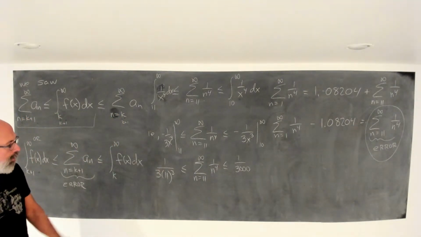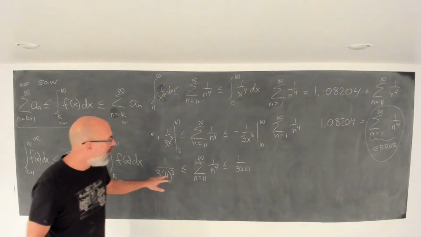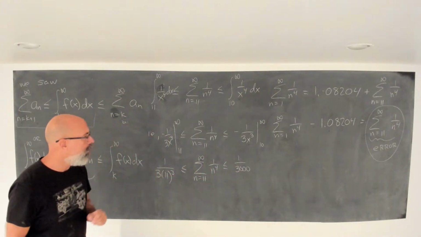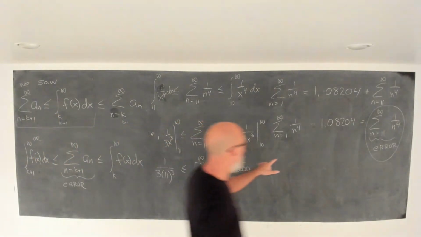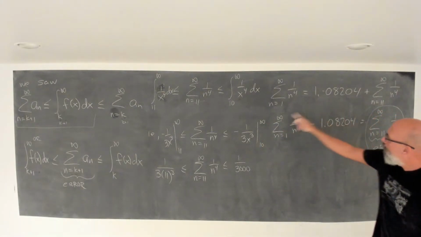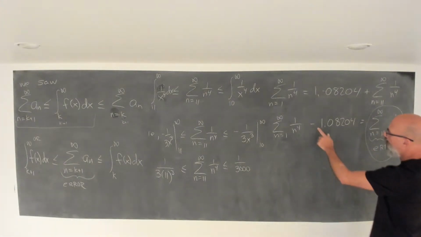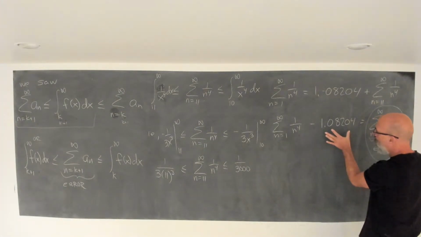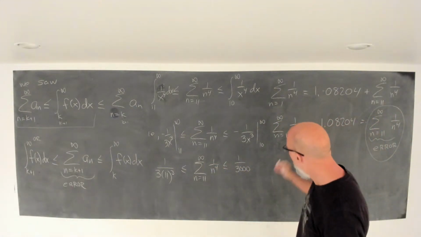And there you have it. Your error is sandwiched between these two values. Or, if you prefer, the difference between what the series converges to and your approximation is sandwiched between these two values.